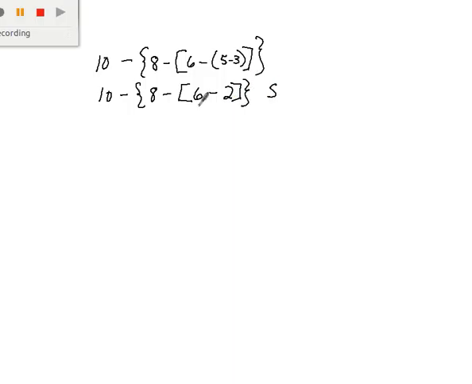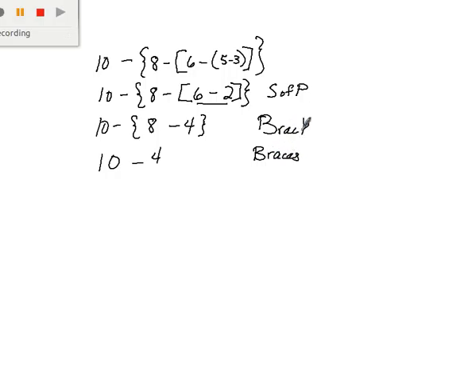And that's subtraction. You do subtraction again within the bracket. 10 minus {8 minus 4}. And this time you simplified brackets. And 10 minus 4, you simplified braces. And 6, you subtracted.